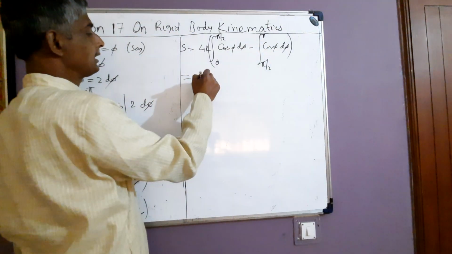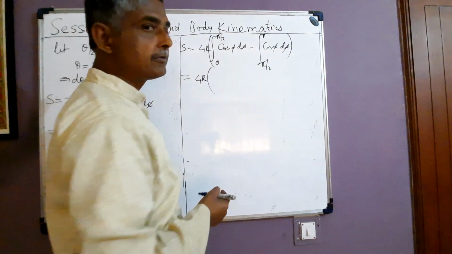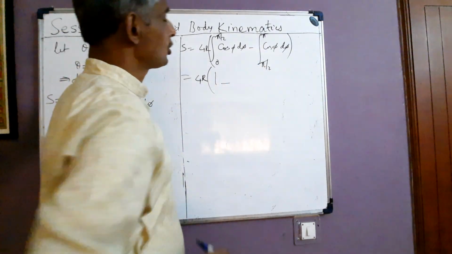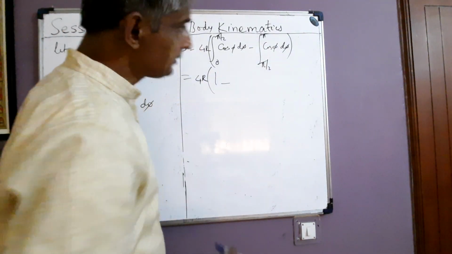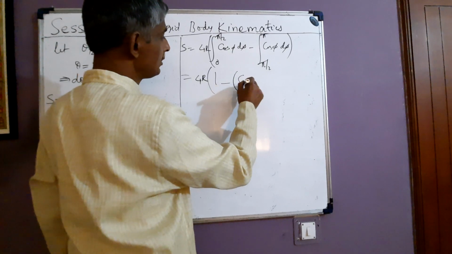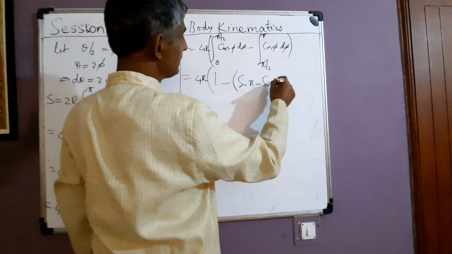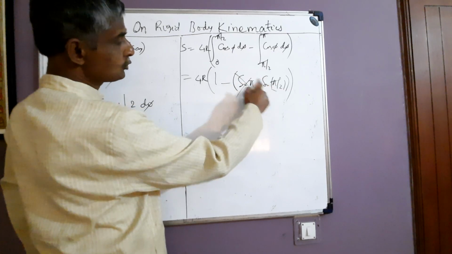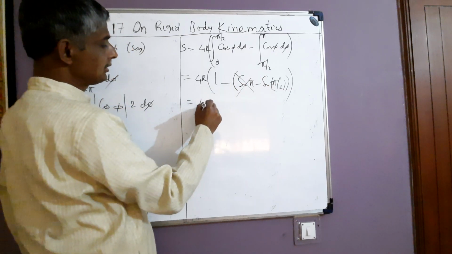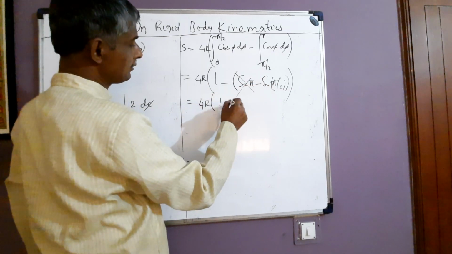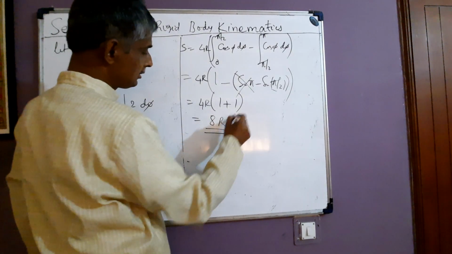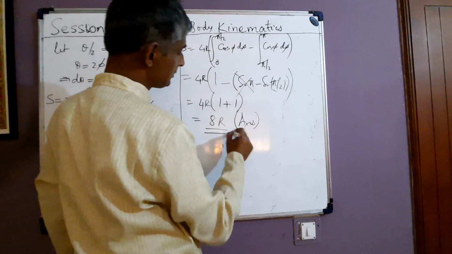This becomes 4r, cos phi when integrated is sin phi. Inserting limits, sin pi by 2 minus sin 0, that is simply 1. Minus, the integral of cos phi is sin phi, sin pi minus sin pi by 2. Sin pi is 0, sin pi by 2 is 1, minus 1 becomes plus 1. So 1 plus 1, that is 4r into 2, 8r. This is therefore the required answer.